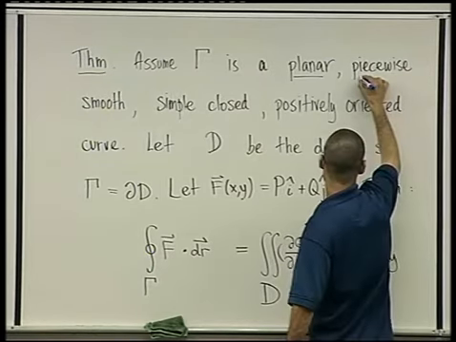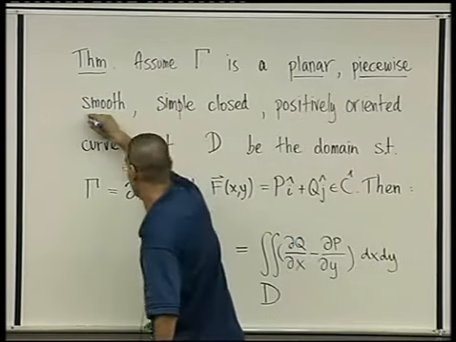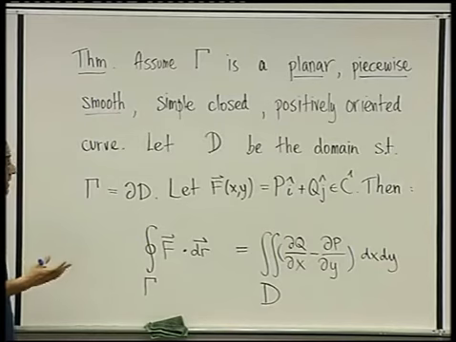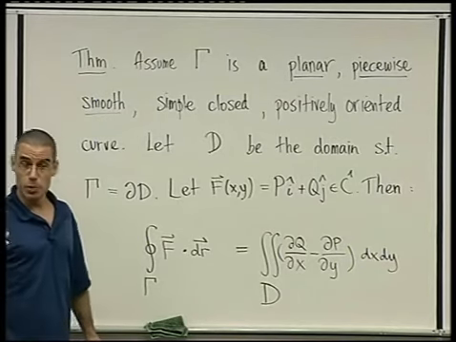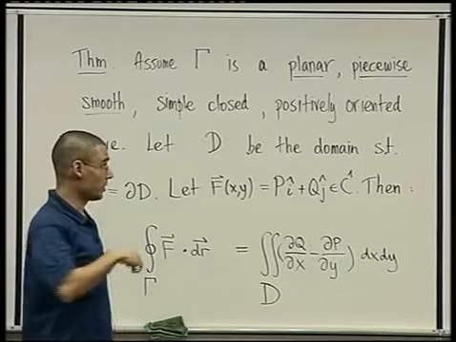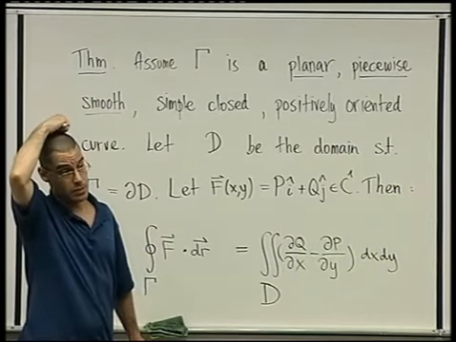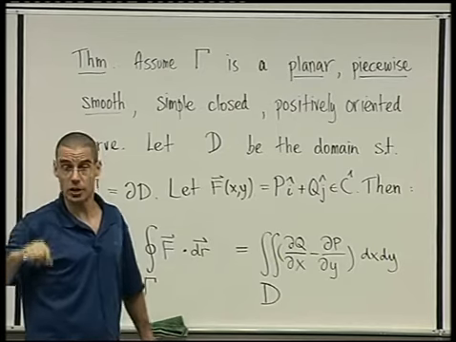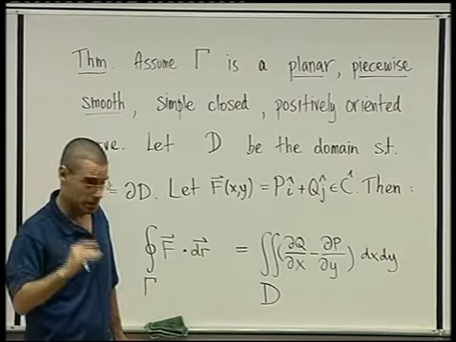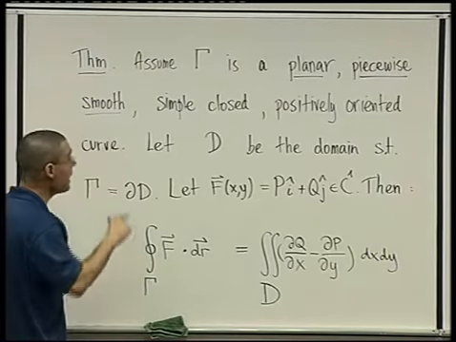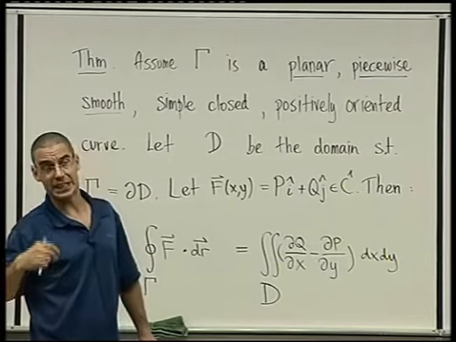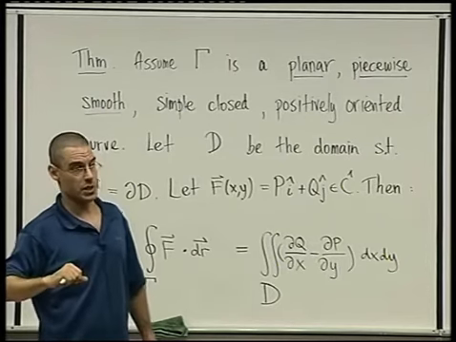Piecewise smooth. These two words are part of one expression. Piecewise smooth means it's not necessarily a smooth curve. Remember, a smooth curve is a curve without cusps, where the derivative never vanishes, that has a tangent line at any point. That depends on choosing a parametrization, which we discussed previously. Piecewise smooth means we're allowing it to have finitely many points at which it's not smooth.